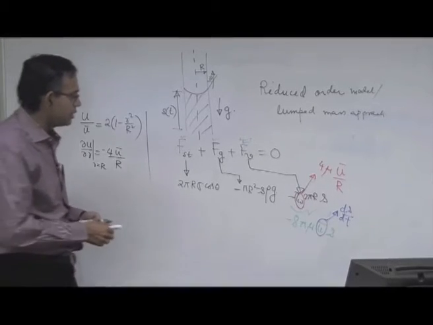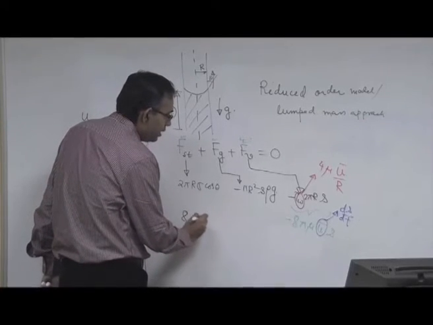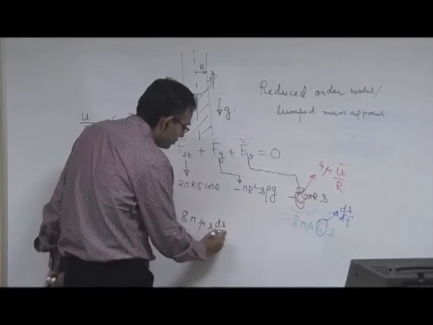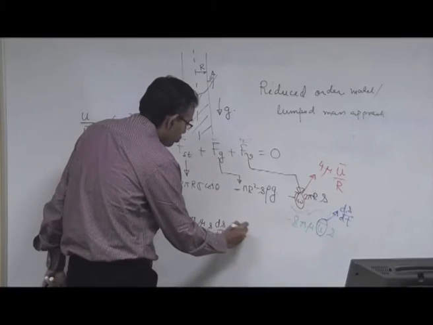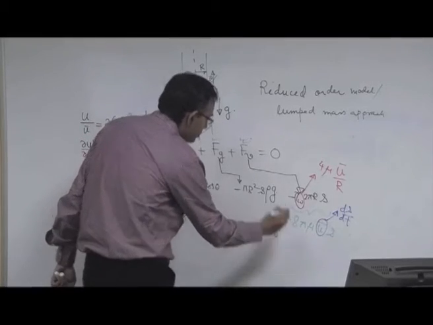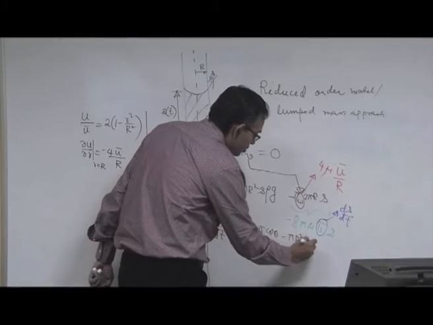So, we can write 8 pi mu s ds dt is equal to 2 pi r sigma cos theta minus pi r square s rho g.